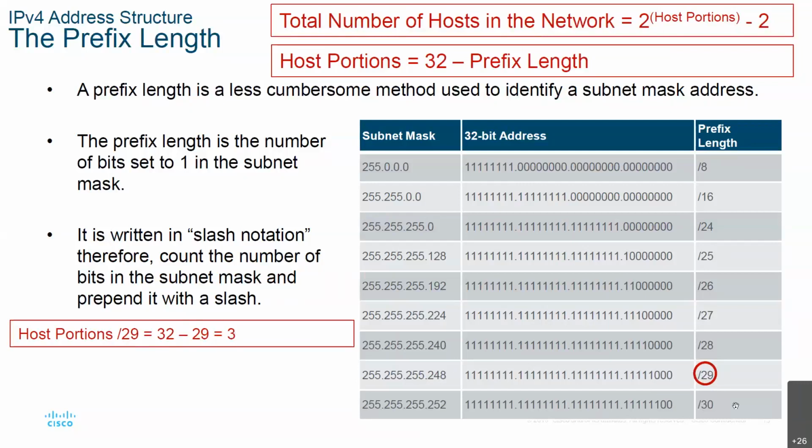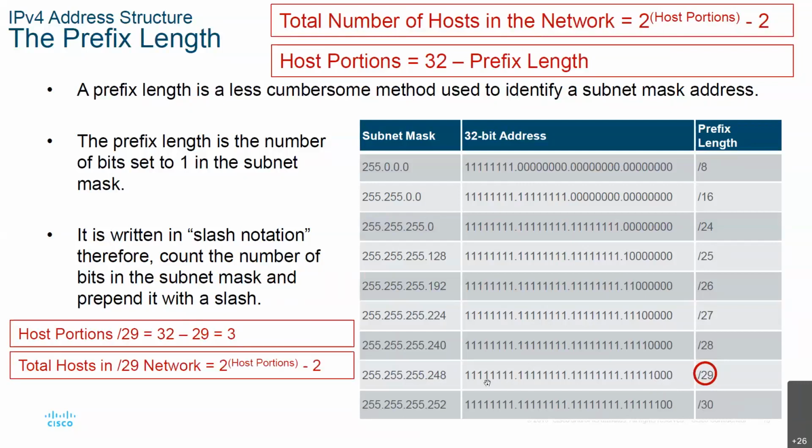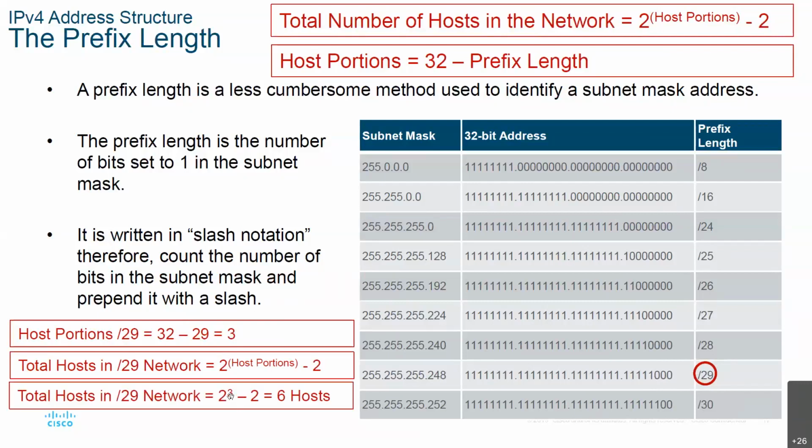Is it correct? Count: 1, 2, 3. Yes, the host portion is only 3 bits. So how many computers can I connect here? Just apply the formula, 2 to the power of host portion minus 2. That means 2 to the power of 3 minus 2 is equal to 6 hosts. So a /29 network can only have 6 devices, not more than that.